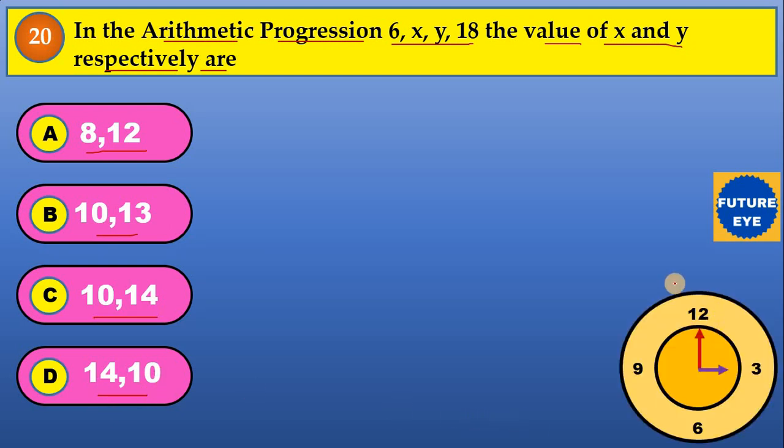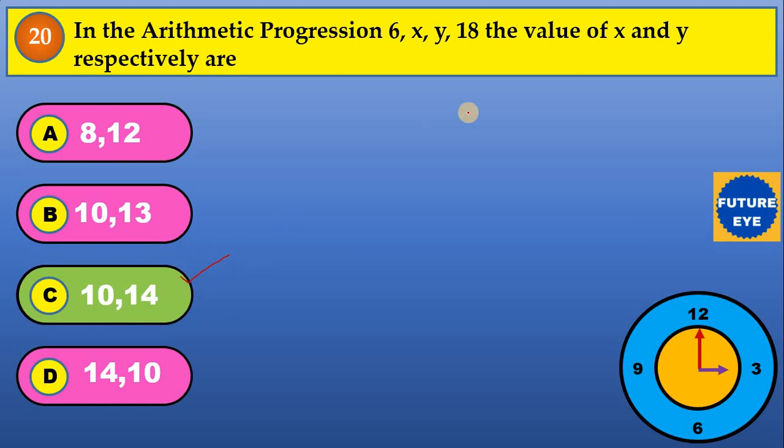Children, your time starts now. This kind of problem we have seen in the model question paper also. x means the second term, y means the third term; values we need to find. Time up, children. Let's see the correct option, that is C, 10, 14.